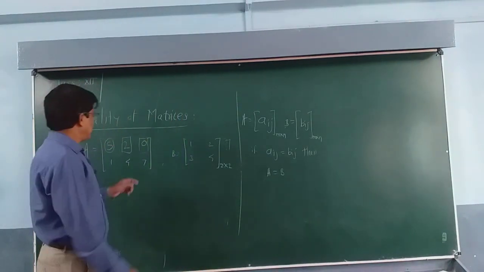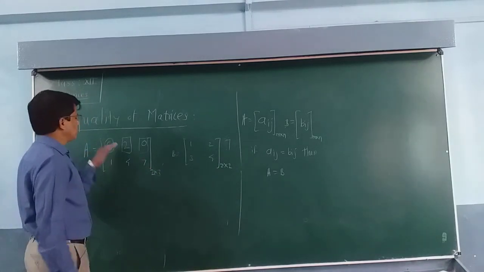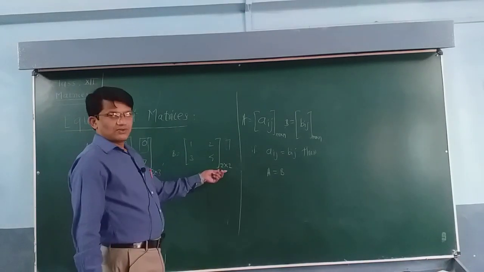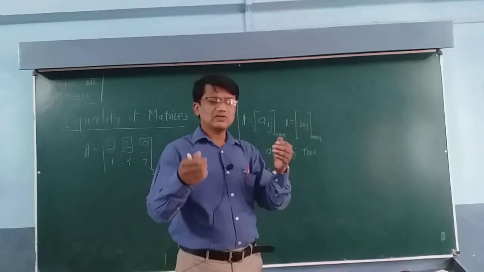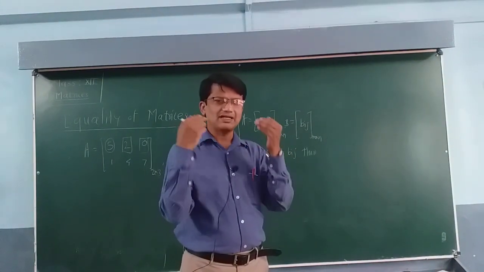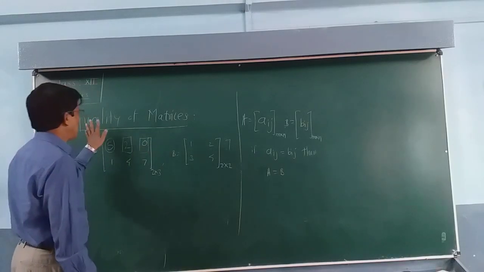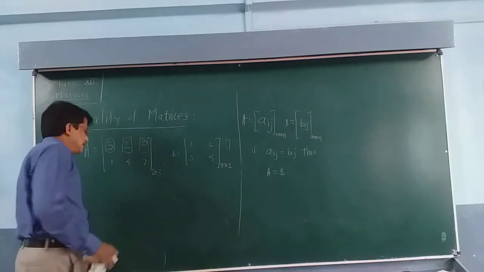Here the order is 2 rows, 3 columns, 2 by 3. Here the order is 2 by 2. Orders are not the same, and the corresponding elements are also not the same. So these matrices are not equal.